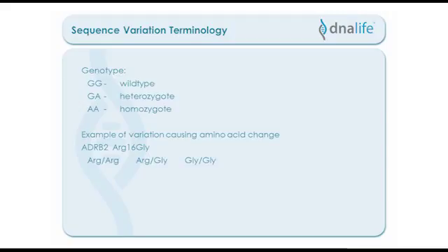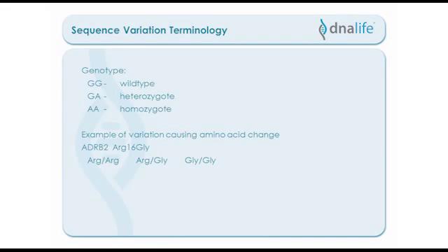And in this case, it would be written as Arg-Arg, Arg-Gly, which would be your heterozygote, or Gly-Gly, which would be your homozygote. We try and be consistent with the literature in terms of the nomenclature that we use in our reports. And sometimes it does refer to the nucleic acid, sometimes it refers to the amino acid.